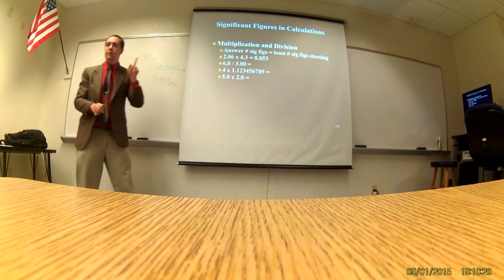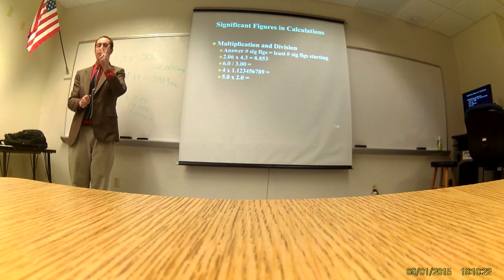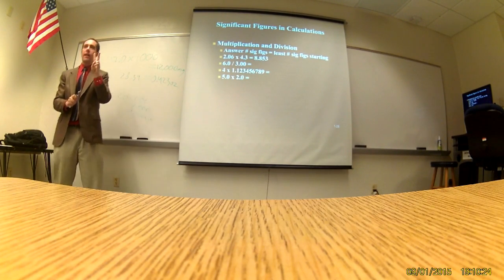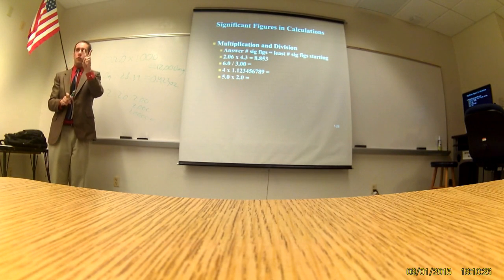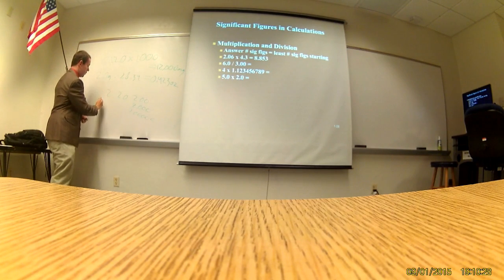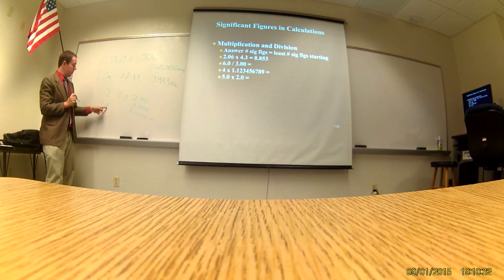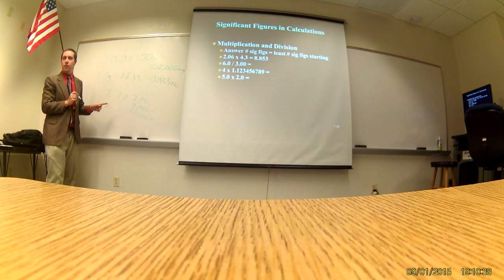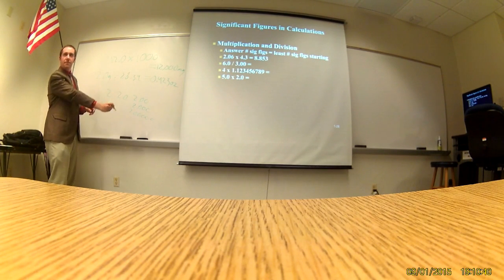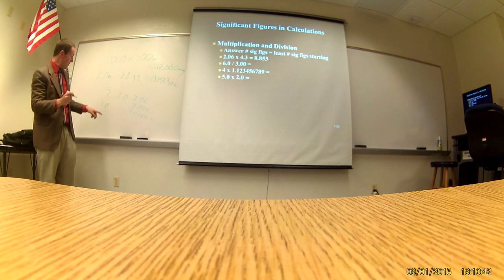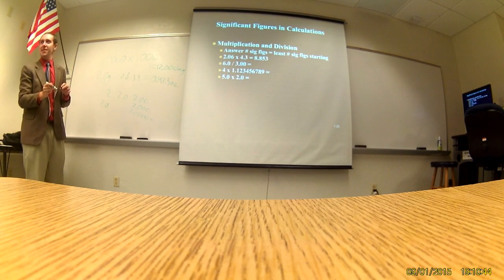So our answer has to have 2. So you say to yourself, how can I write 2 with 2 sig figs? 2.0. That 0 is to the right of the decimal point and to the right of the 2. And if you haven't figured out yet, I always write on a downward slant. Even when I write 2.0, it's not even straight.